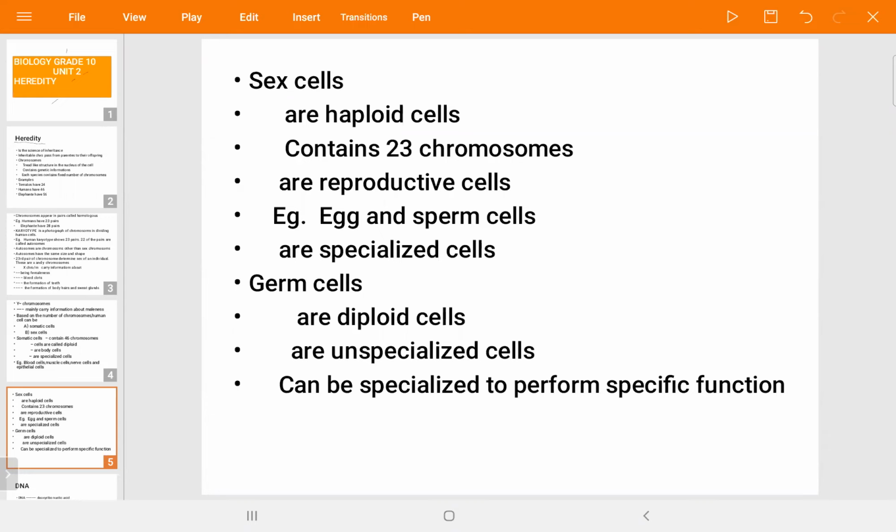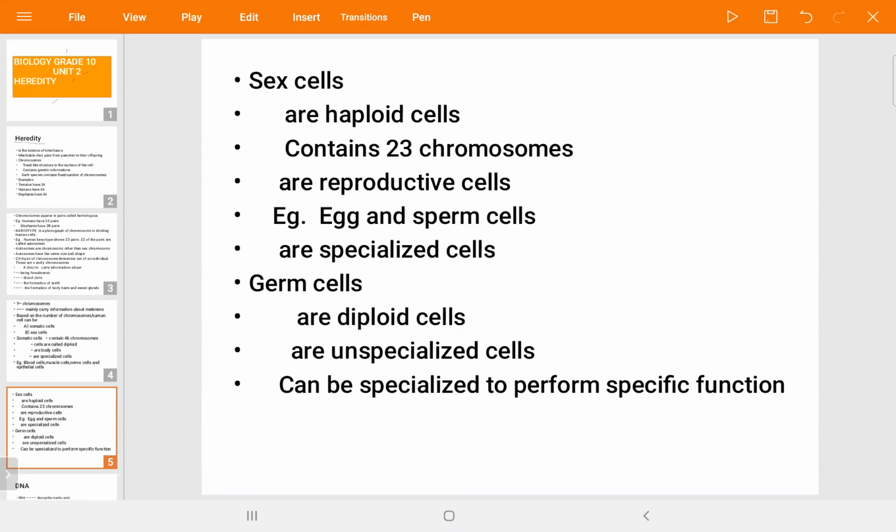Organisms which use a sexual method of reproduction produce sex cells, which contain half of the chromosomal number of parental cells. Now, examples: egg cell, sperm cell. These are examples of sex cells, haploid cells.